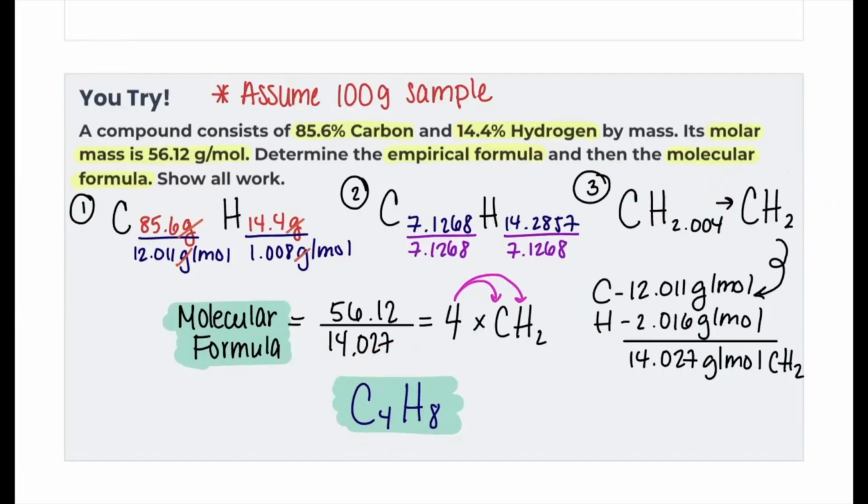So in this case, we look at CH2, and if we just multiply this by 4, we get C4H8. So the multiplier has to be 4. Sometimes it can really be that straightforward, so just make sure you read the question carefully.